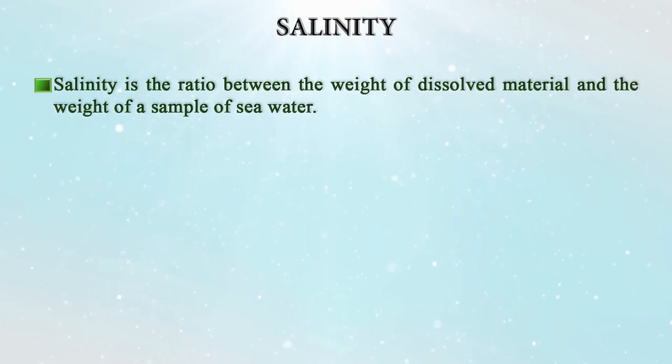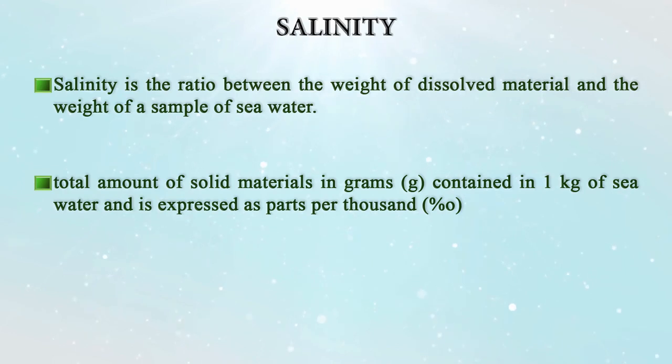So we can define salinity as the ratio between the weight of the dissolved material and the weight of a sample of seawater. So the total amount of solid materials, calculated in grams, contained in 1 kilogram of seawater is expressed as parts per thousand. So let me explain.